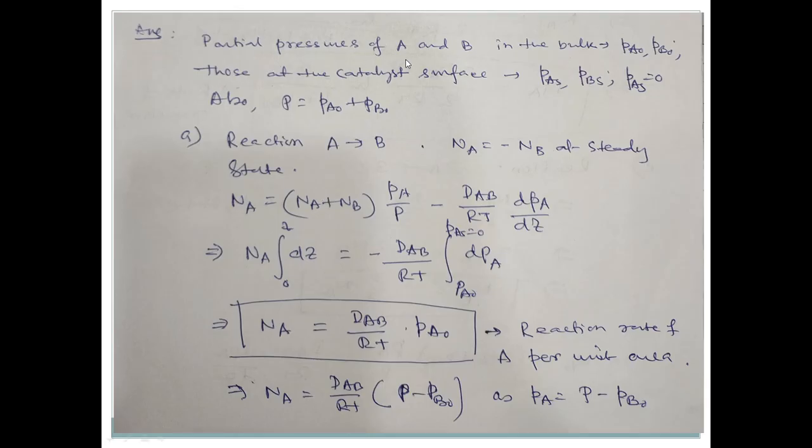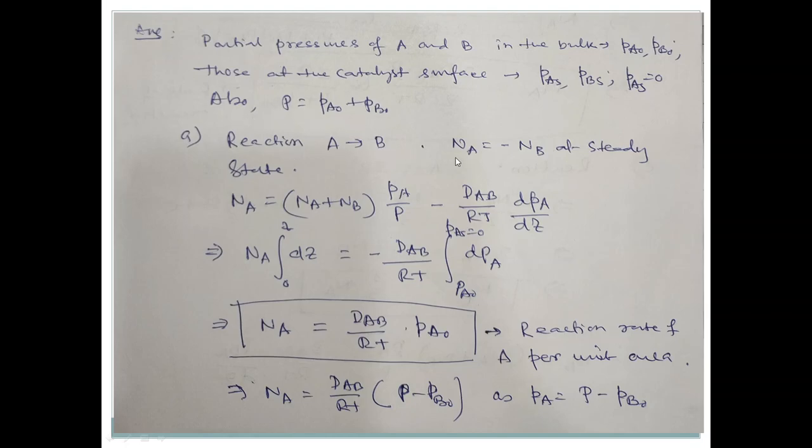Let's take the partial pressures of A and B in the bulk as PA0 and PB0. Those at the catalyst surface are PAS and PBS. Now I know PAS is equal to 0 because the reaction rate is very fast. Whenever A reaches the catalyst reactive site, immediately it will be consumed. That's why it is 0. Also, total P is equal to PA0 plus PB0.